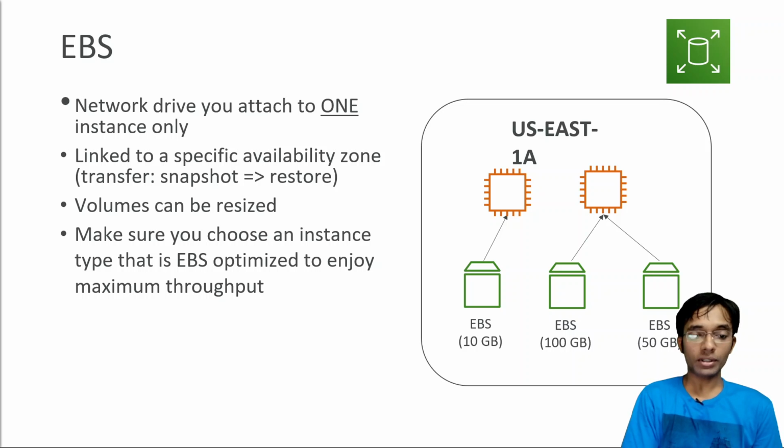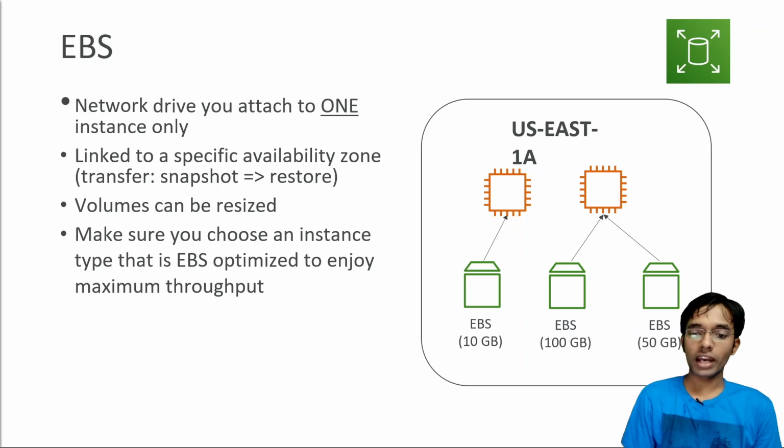Your volumes can be resized, but only up, so you can only increase the volume size without detaching the EBS volume first. You also need to make sure to leverage the EBS volume as much as you can to enjoy the maximum throughput.